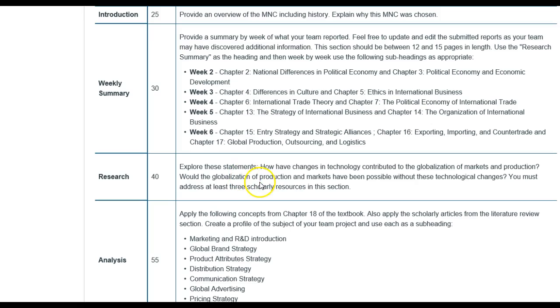So you're looking at probably a couple of pages at the very least for these 2 questions. Give me some good examples. Make sure you have 3 additional scholarly resources to back up your research on this one section having to do with these 2 questions. A good idea would be to place these subheadings of the questions themselves under the overall heading of weekly summary / research.